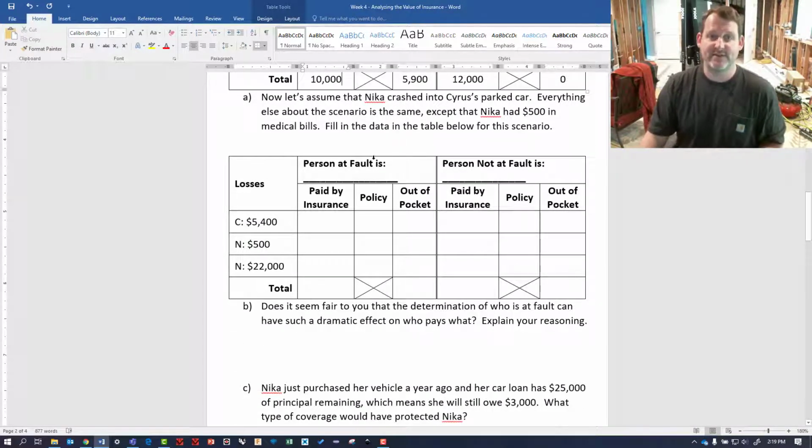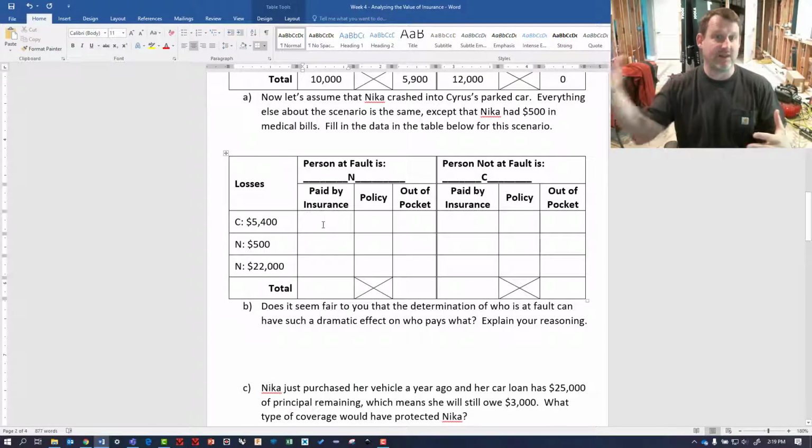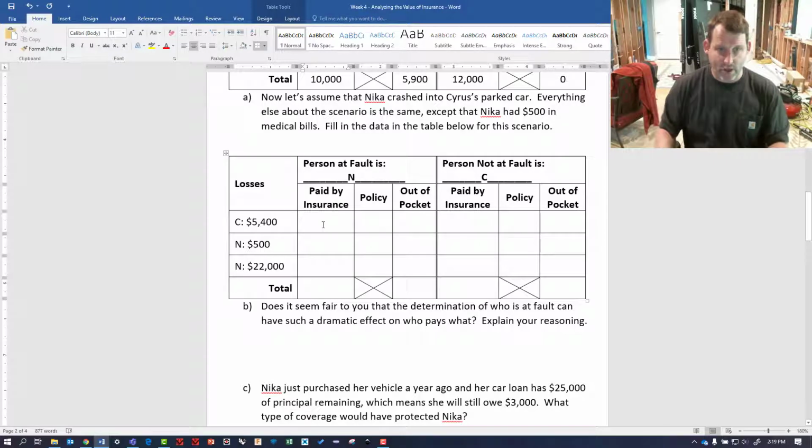Now let's assume the other way. So let's say, hey, exact same situation, but Nika is at fault. She was the one texting. She crashed into Cyrus. Let's see what happens. So now Cyrus has $5,400. Now Nika has minimum liability insurance plus collision. So this is going to really help Cyrus out because now Nika is at fault.